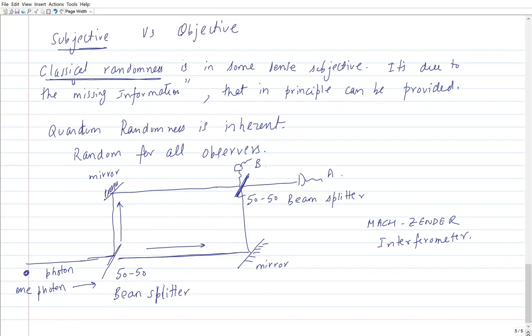So at any point of time, there's only a single photon in this particular experiment. So the idea is to calculate which of the detectors, with what probability, is going to click. In order to calculate the probabilities, let's see what paths the photon can take.